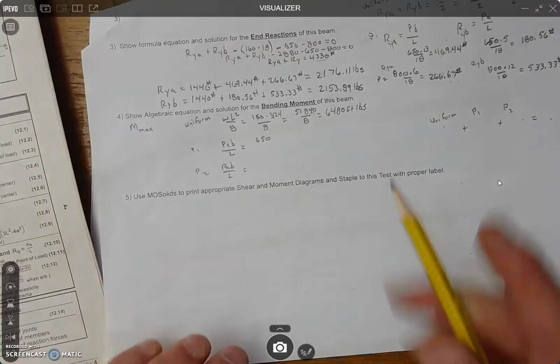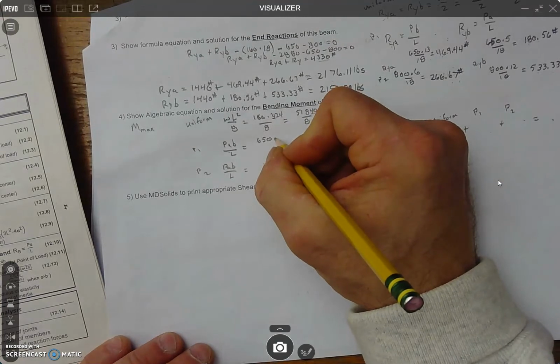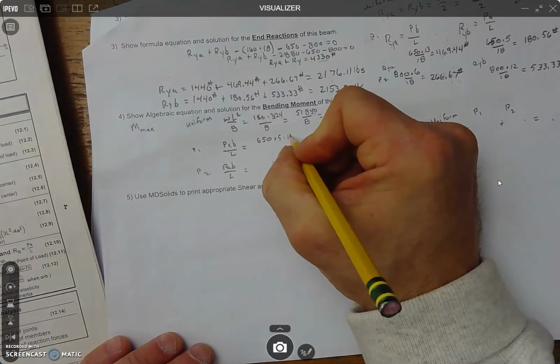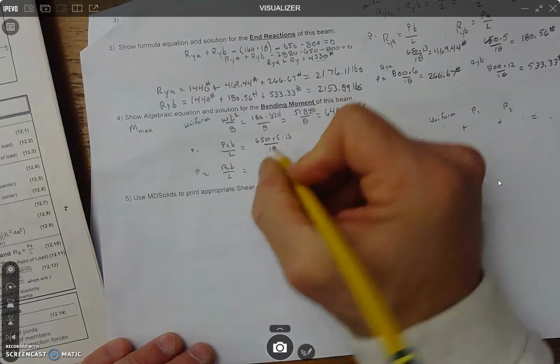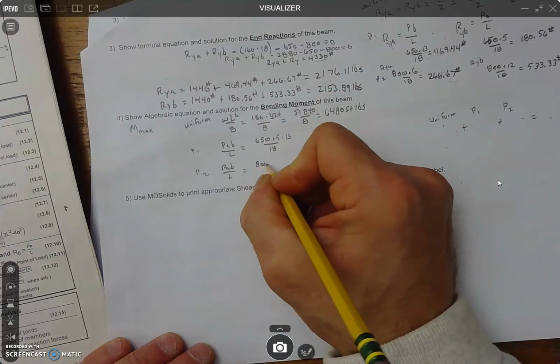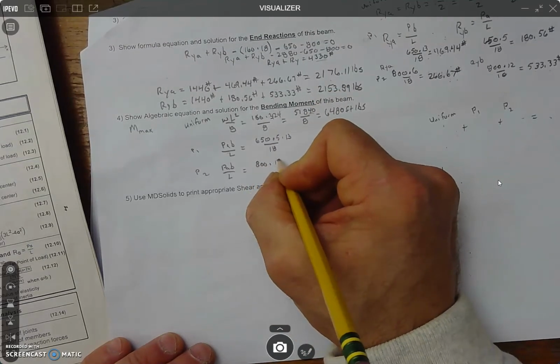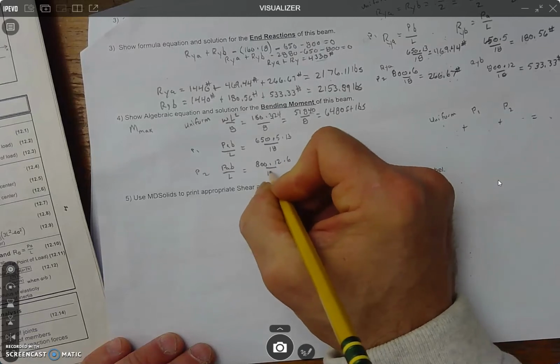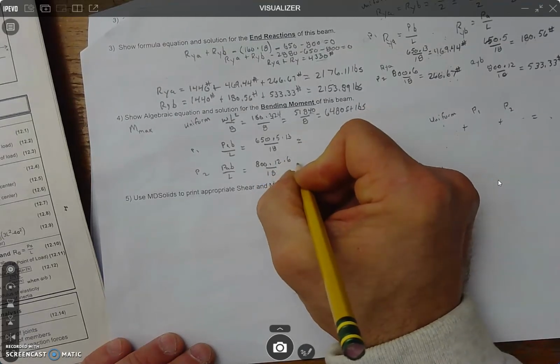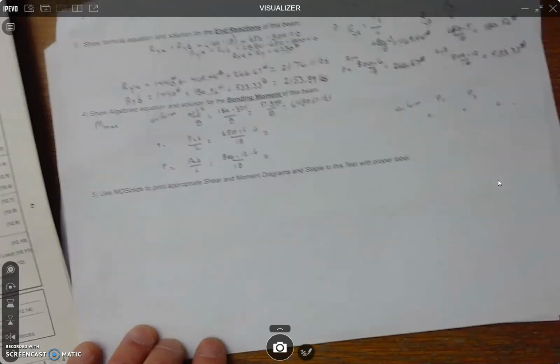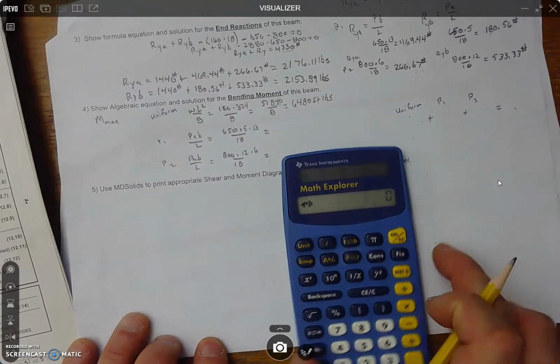So they're slightly different. The first is going to be 650 times 5 times 13 divided by 18. The second is going to be 800 times 12 times 6 divided by 18. All I have to do is type those in here.